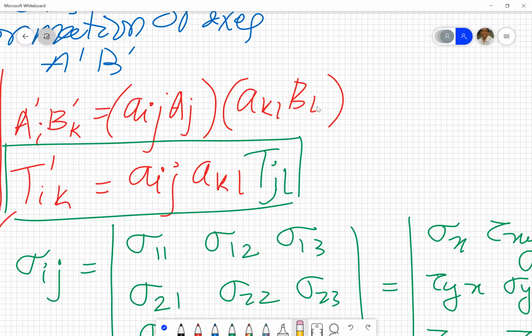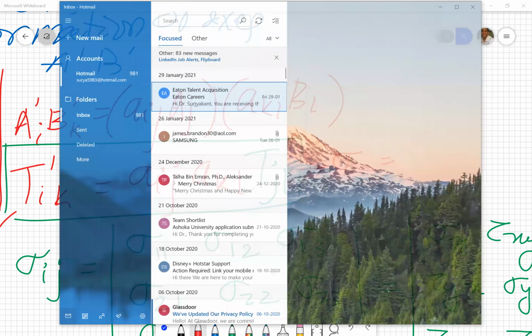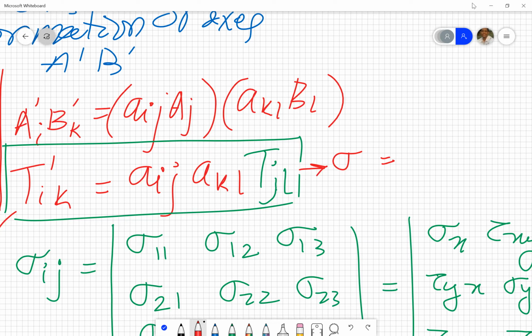The equation can be written here in the same format: sigma kl is equal to, first a_ki, then another a, that is a_lj, then sigma ij, the first transformation equation.